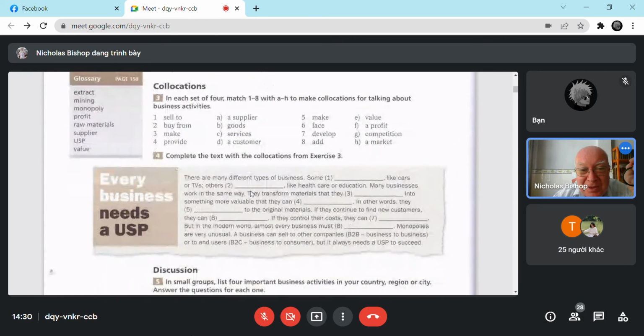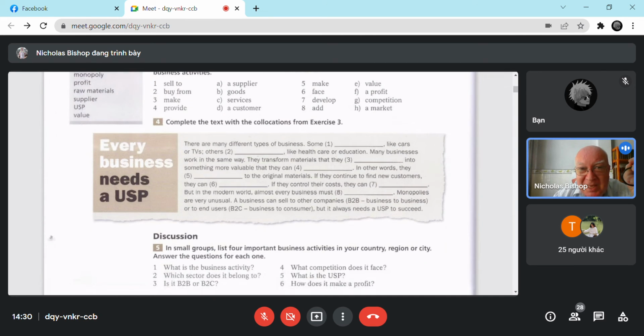Add value. Okay, every business needs a USP. Can you remember what USP means? Yeah, so USP stands for unique selling point. Yeah, good. Unique selling point, or what's the other word?